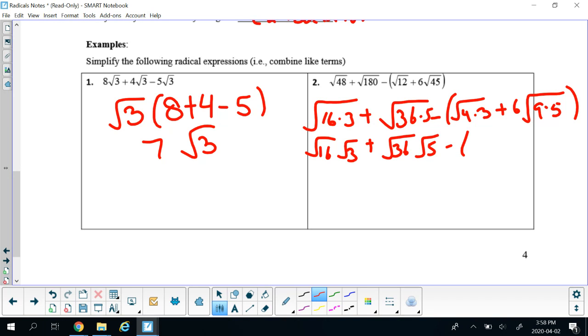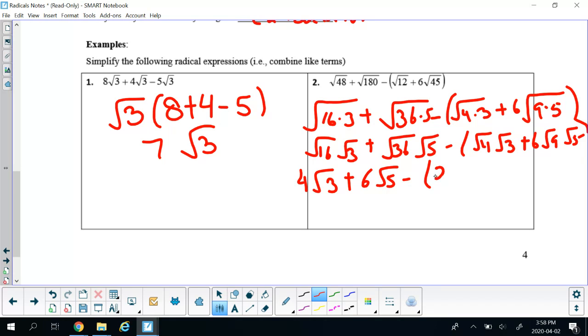And same thing here, square root of 4, square root of 3, plus 6 times square root of 9 times square root of 5. Okay, square root of 16 is 4, square root 3. And square root of 36 is 6, square root 5. Minus square root of 4 is 2, square root 3. Plus, and square root of 9 is 3, and 6 times 3 becomes 18, square root of 5.